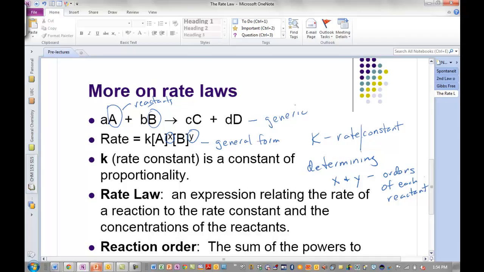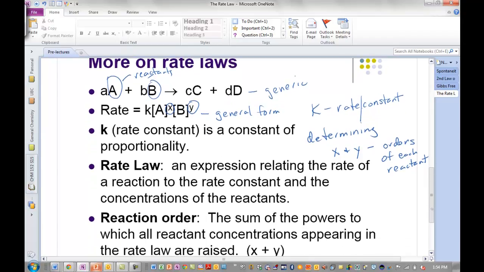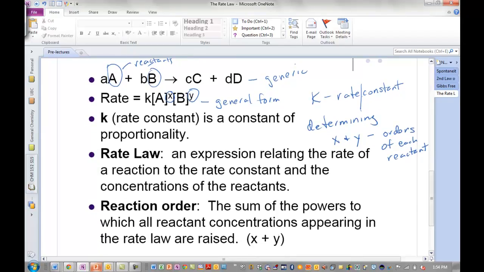Okay? Now for this pre-lecture quiz, you'll just be given the rate law for a reaction. Okay? And you'll have to be able to determine the order. Okay? So for example, if the problem asks for the overall reaction order, it's just what x and y are. So you might have something that's just rate is equal to k[A][B].